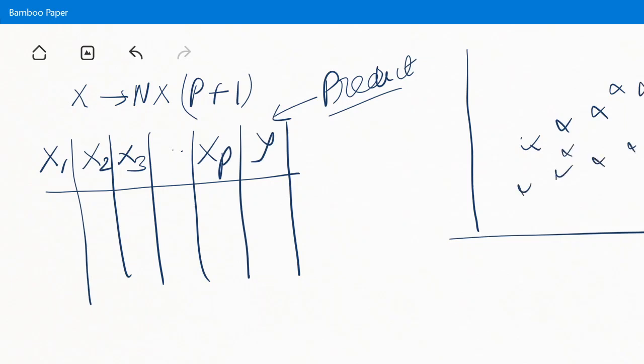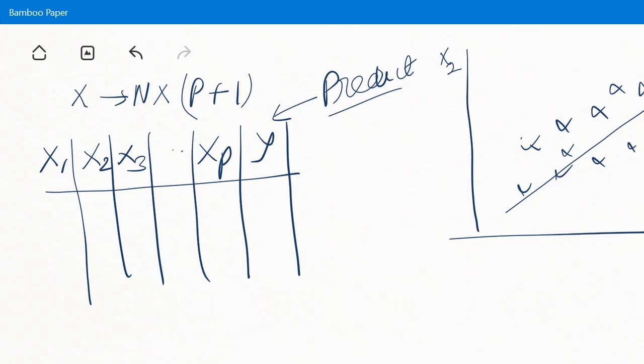So if we have data like this, this is the linear regression line that we used to fit in the linear regression problem.